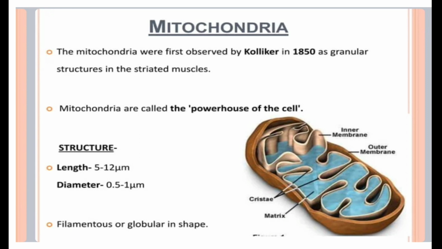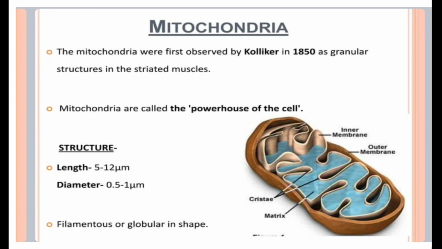It has a structure, length and diameter, and it is filamentous or globular in shape. In the structure of mitochondria, as you can see, it has two membranes, one outer membrane and the other inner membrane. They will form two types of shapes. And there is cristae.